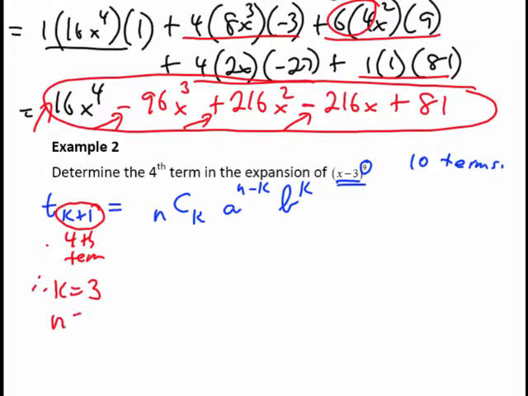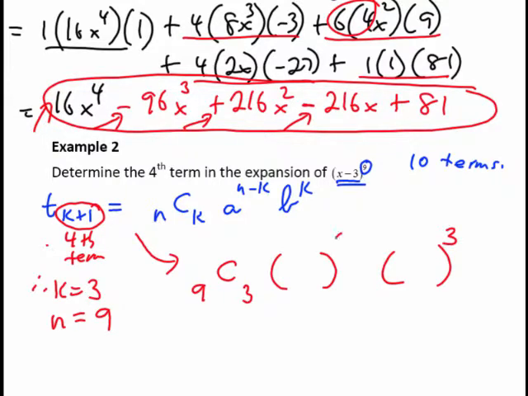And so we can substitute our values. Our n value is 9. And so we want 9 choose 3. This will be 3 and this will be 6 because these have to add up to whatever n is, 9. These match, remember? So this is 9 minus 3, 6.